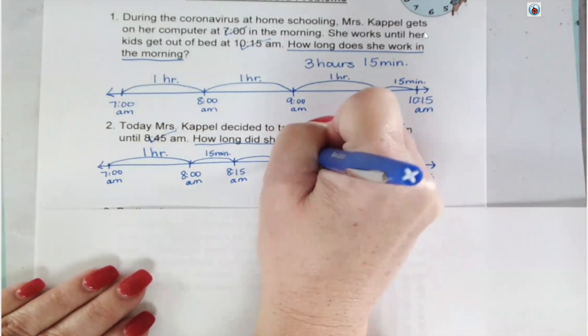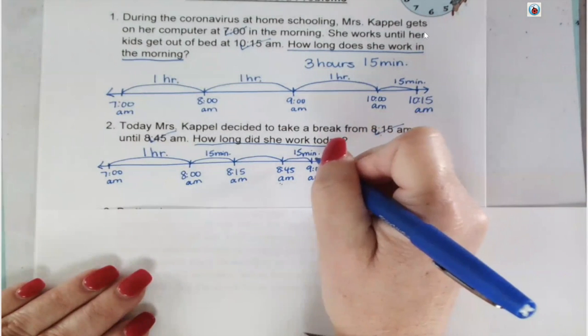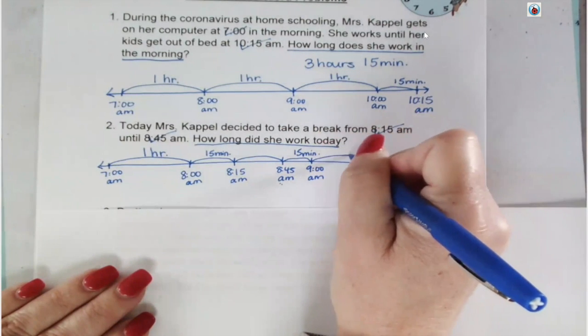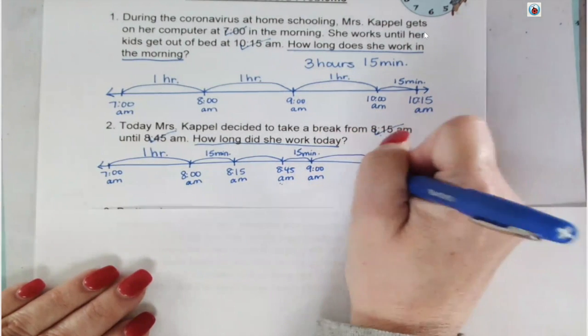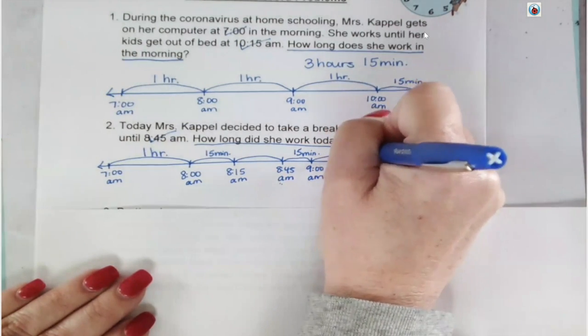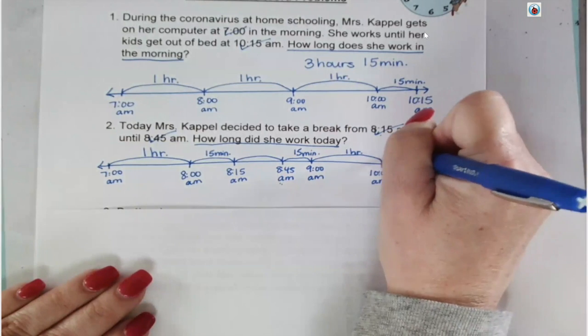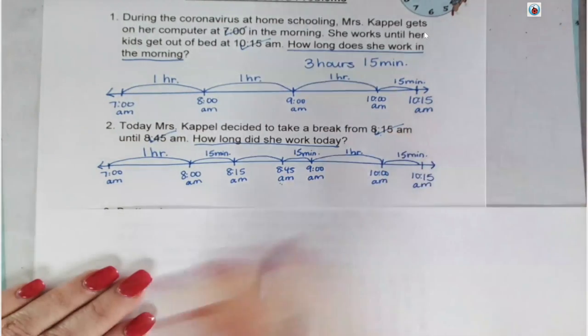So this I'm going to label as my 15-minute jump to get me back over to 9. Now from 9 o'clock, I continue to do my hour jump again. And that's going to get me over here to 10 o'clock in the morning. And I know that that's 1 hour. And then I can do my 15-minute jump again to get me over here to my 10:15.